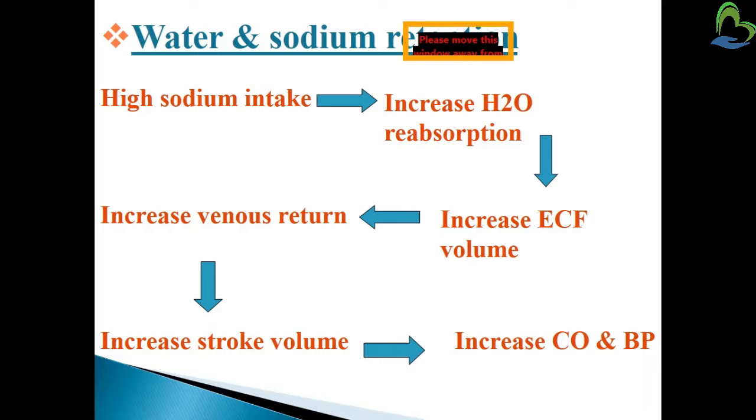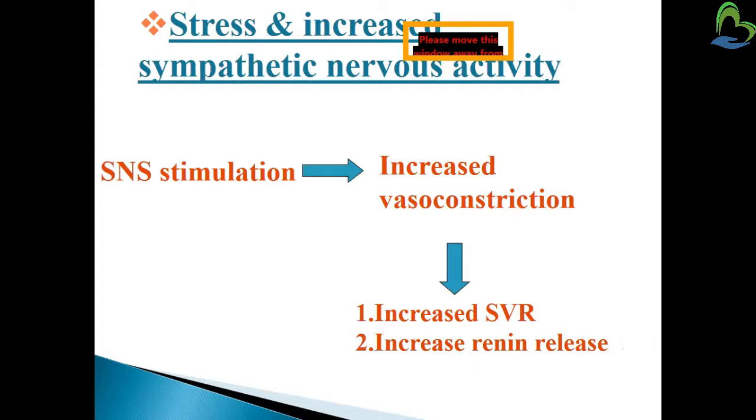Whatever blood or fluid collection is in the cardiac chambers increases the preload, so that load will be jerked towards the blood vessels, that is an increase in the stroke volume. And lastly, it will increase the output, that is cardiac output. Ventricles will pump and eject the blood towards the blood vessels, and therefore blood pressure will increase.